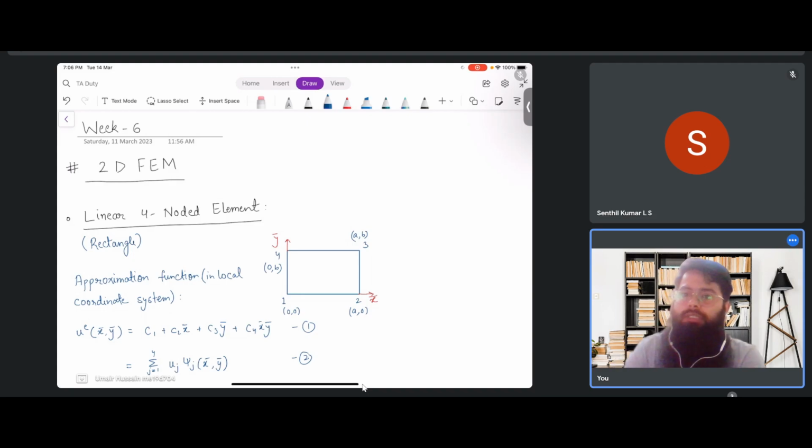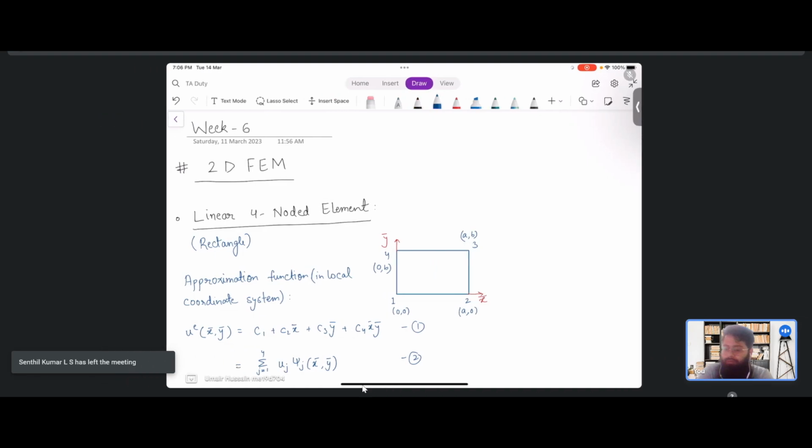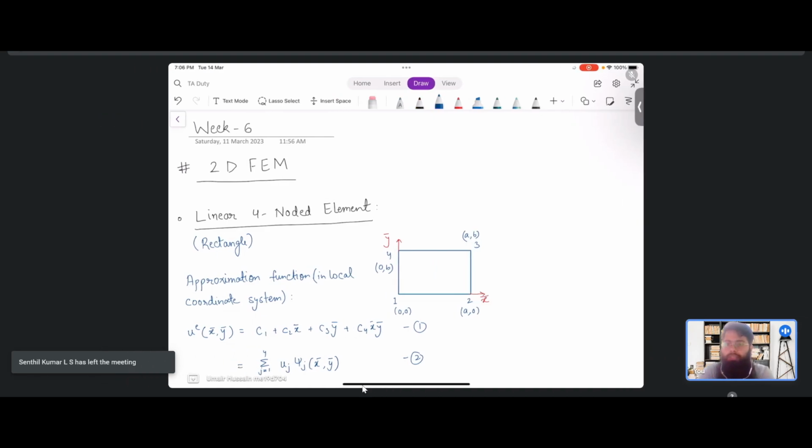The next topic in this course was numerical integration. We studied different types of numerical integration rules like the trapezoidal rule, Simpson's rule, and two other famous numerical integration rules, the Gauss quadrature and the Newton Cotes rule.